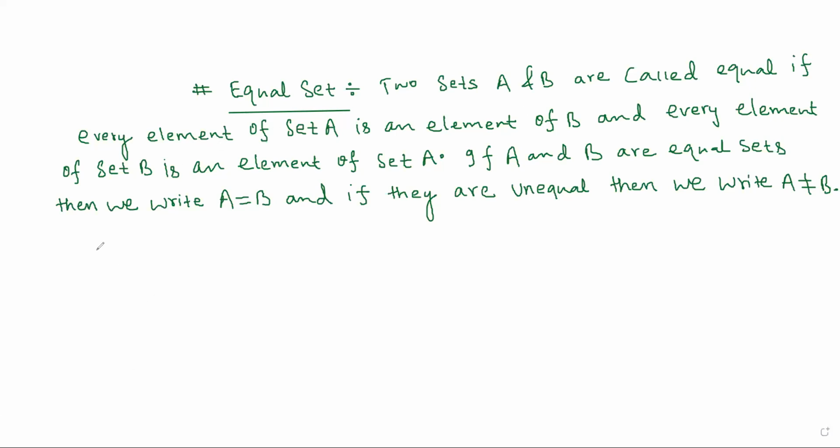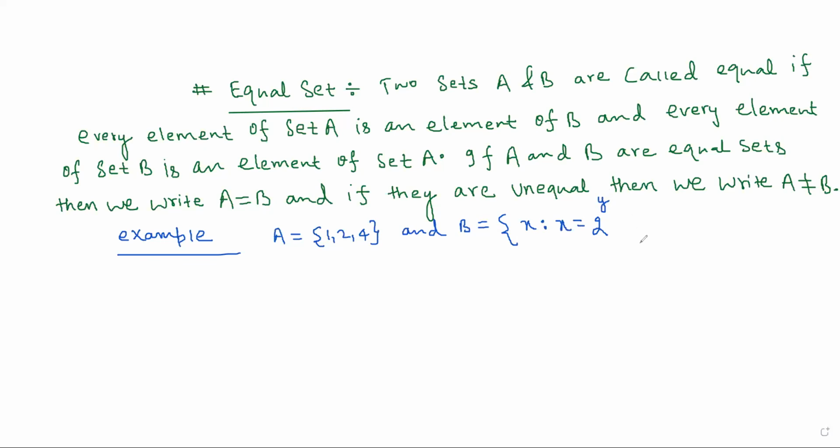So let us consider one example here. Let's say A is equal to {1 to 4}, and B is equal to {x such that x equals 2 to the power y, and y equals 0, 1, 2}.